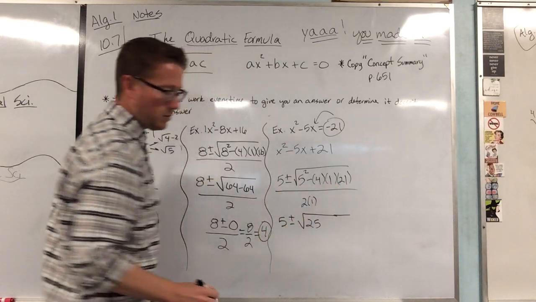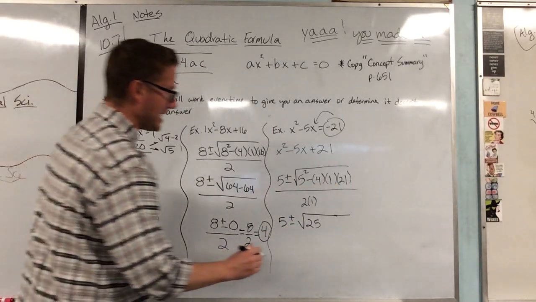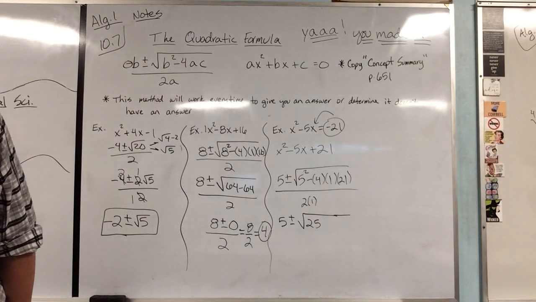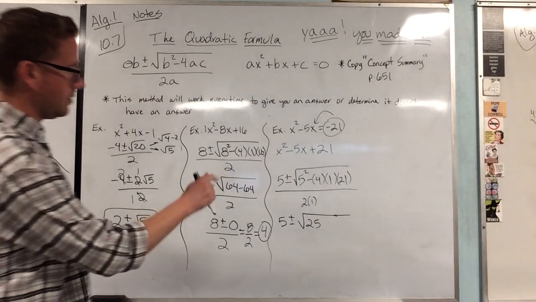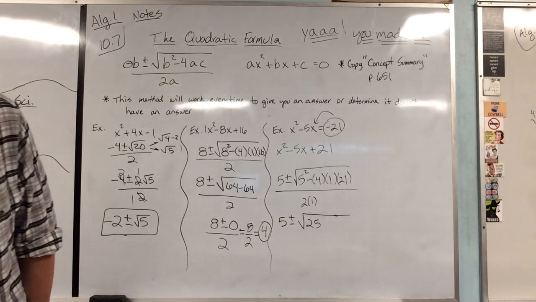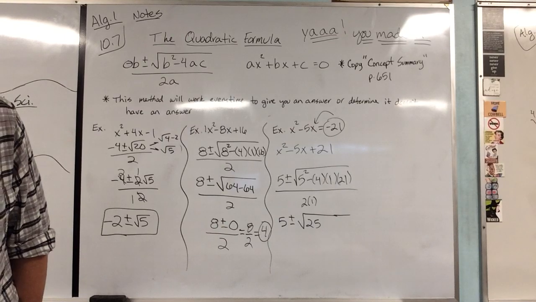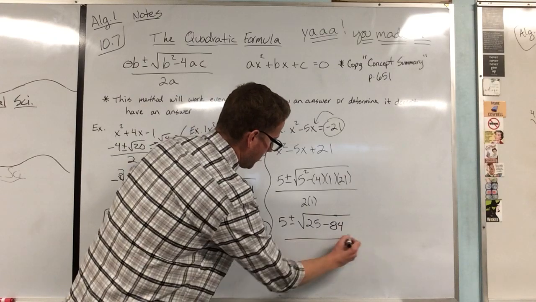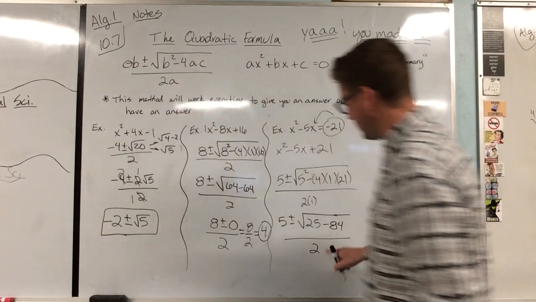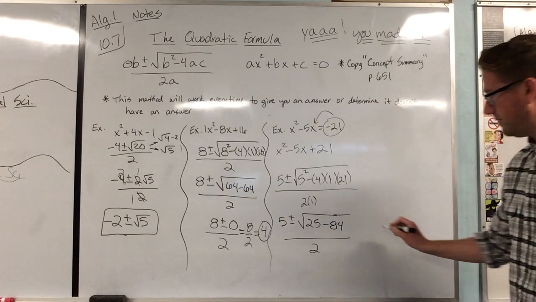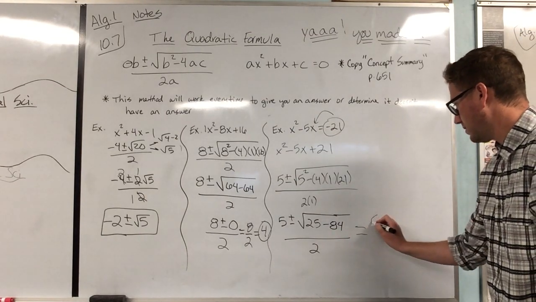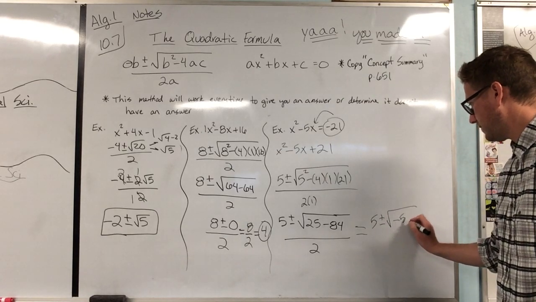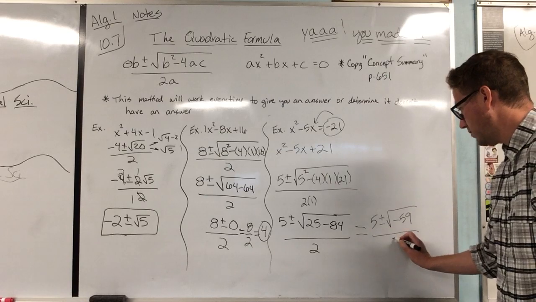Negative 4 times 21, let's see, that is 84, my apologies there, 84. I already worked out the math, so what you're going to see is that 25 minus 84 gives us 5 plus or minus the square root of negative 59, all over 2.